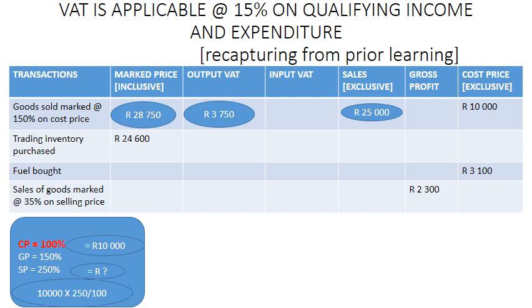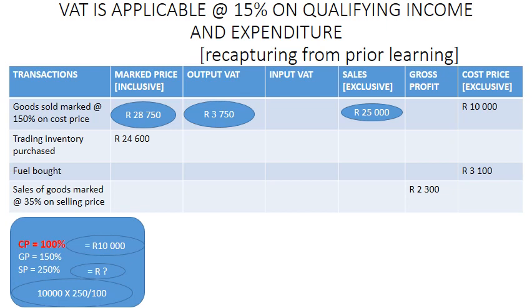Therefore, on this line, amounts that are not given are the input VAT and the cost price of the transaction. To do those calculations, we will first determine the input VAT on the inclusive amount by taking 24,600, multiplying by 15, dividing by 115.